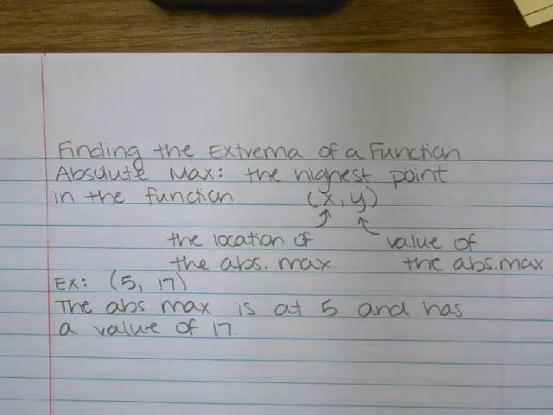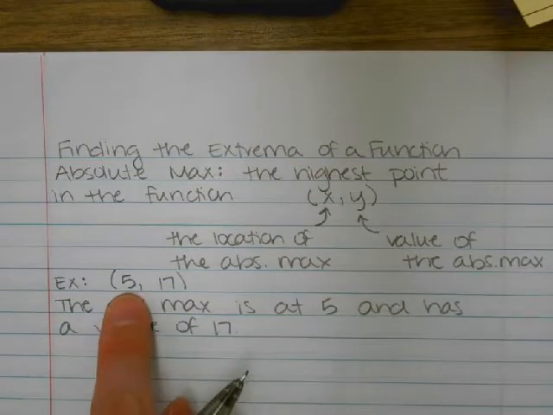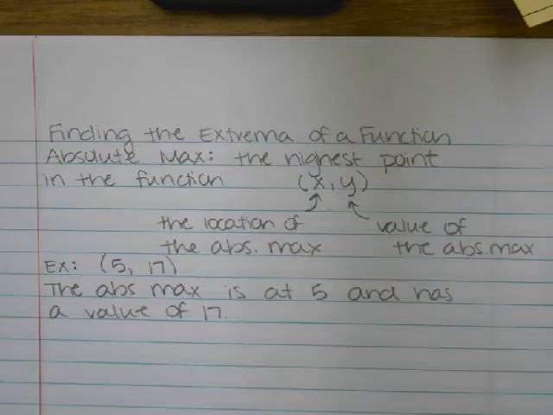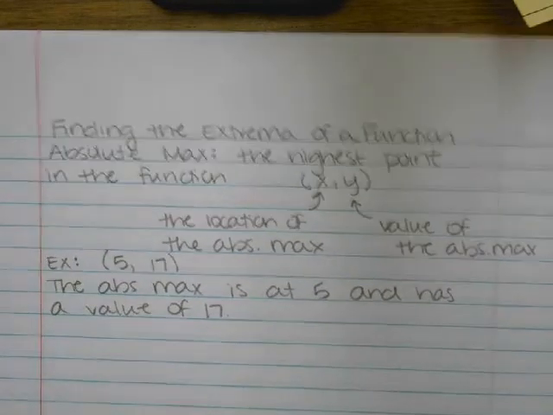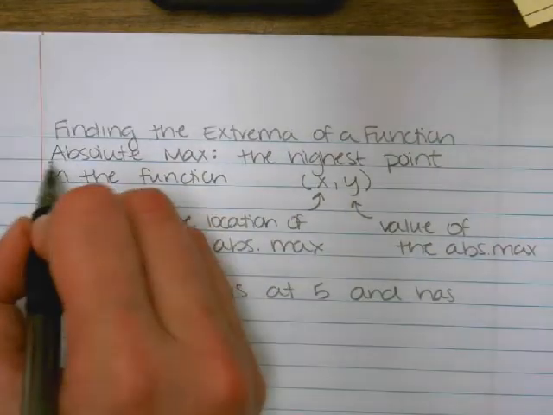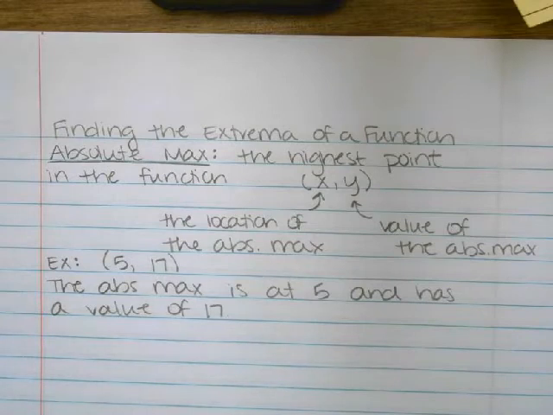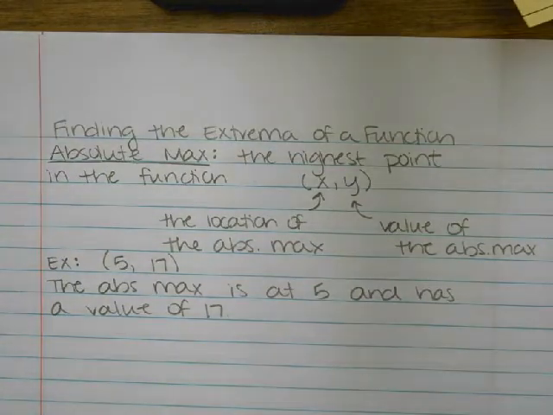So there's a difference between what the absolute max is and what its value is. The absolute max, or the location of it, is the x coordinate. The value of it is the y coordinate. And that notation and that understanding is true for the absolute max and min and the relative max and relative min.